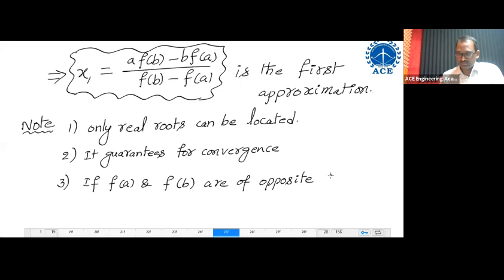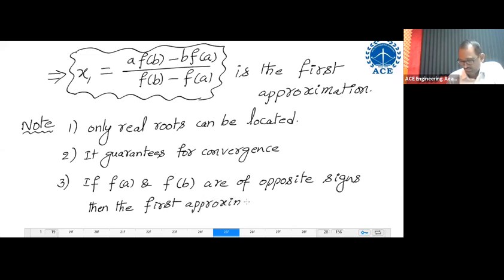If f of A and f of B are of opposite signs, then the first approximation is found as follows.